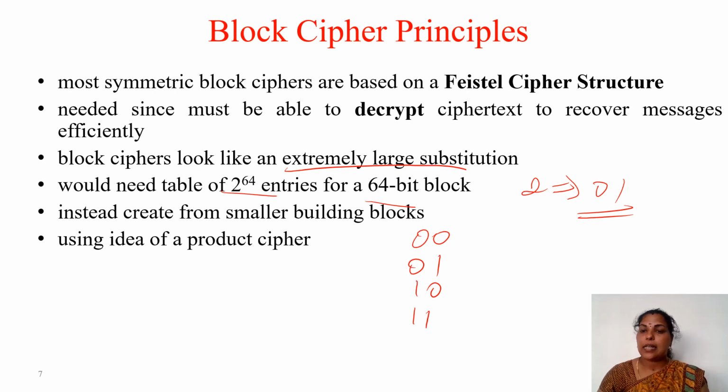If you are taking a 4-bit number, then we have 2 power 4, 16 combinations. So instead of creating a smaller building block, we are creating a large building block, and this is the concept behind the product cipher. These are the principles behind the block cipher.